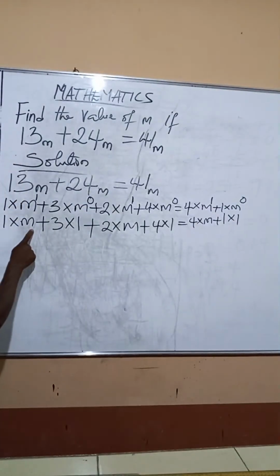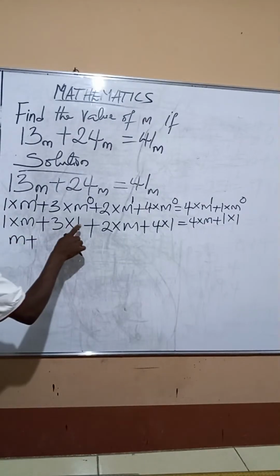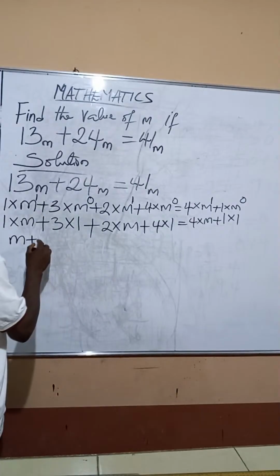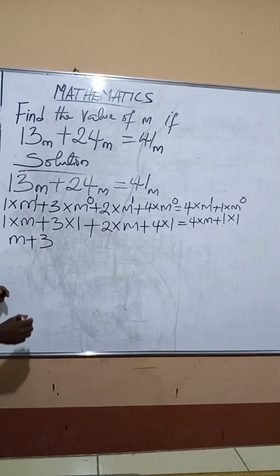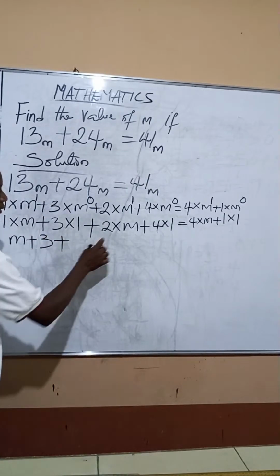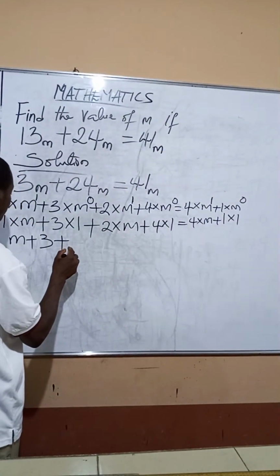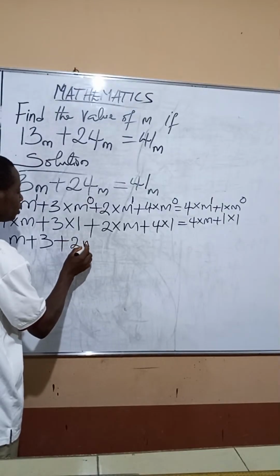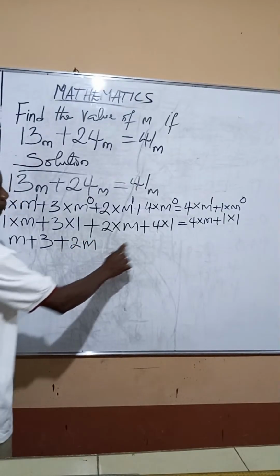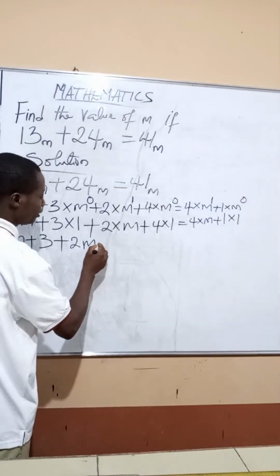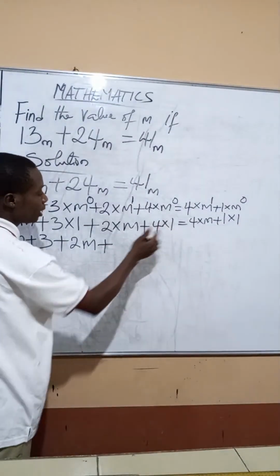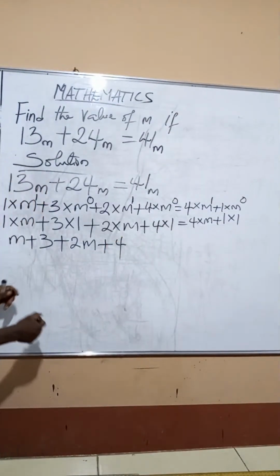So 1 times m is m. We are going to write m plus 3 times 1 is 3. So we write 3 here plus 2 times m is 2m. Please, 2m. Note that. Then 4 times 1 is simply 4.